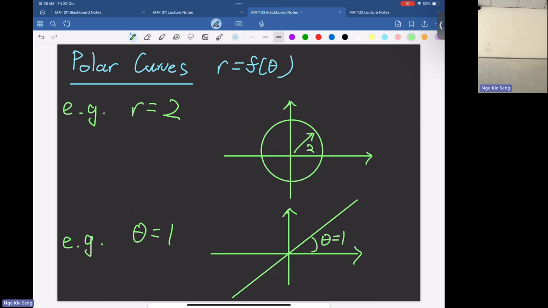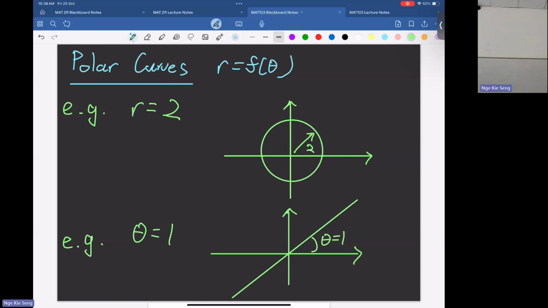Wow, last time we had trouble writing a circle using a function, right? We cannot write y equals some single expression in x. We need at least two, plus or minus the square root of 1 minus x squared. But if we have polar, this circle becomes just a constant function. And this graph is almost like a linear graph, but in polar coordinates it also becomes a constant function.